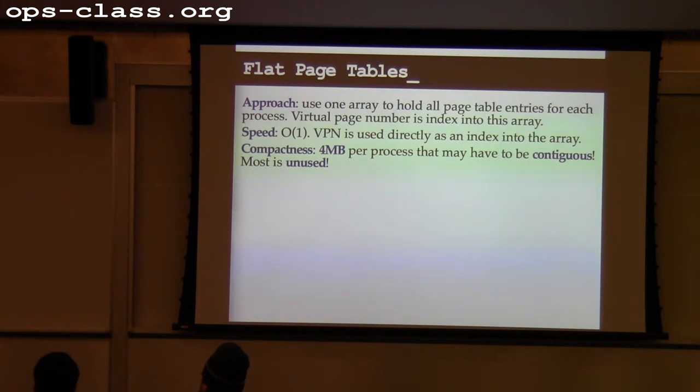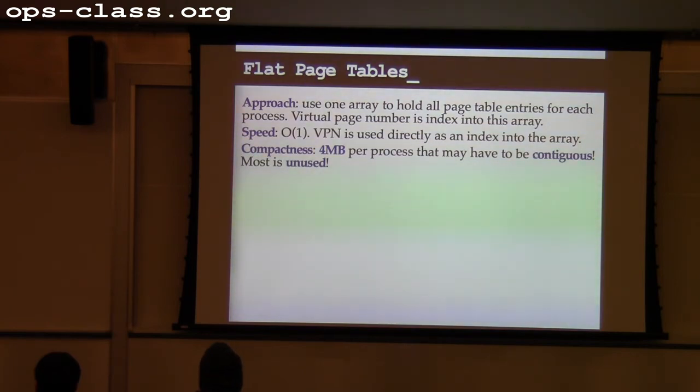So if you did this on OS 161, you would have to find 4 megabytes for each process. First of all, you wouldn't be able to find 4 megabytes very often, because your system might have a total of 8 megabytes in it. So congratulations, you can support 1 process. But not only that, it would actually have to be contiguous in physical memory. So there's certain cases where kernel data structures have to be contiguous.